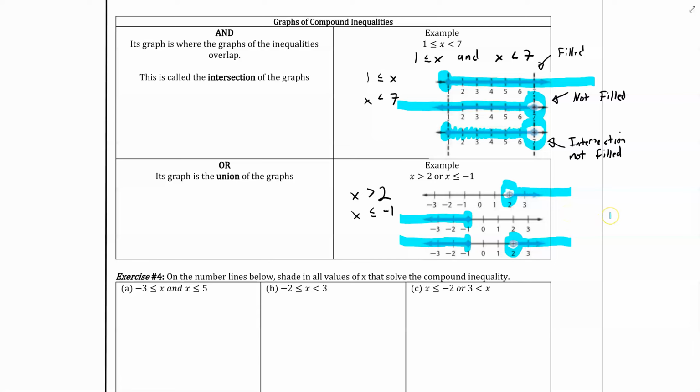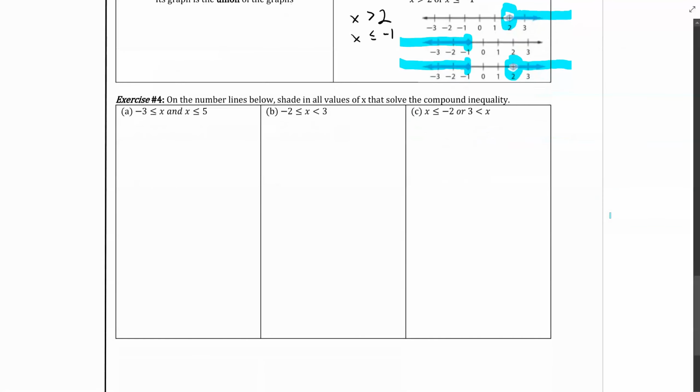So let's go ahead and do some examples. On the number line below, shade in all the values of x that solve the compound inequality. Now here, I didn't actually give you a number line. We can just sketch. So we have -3 is less than or equal to x.